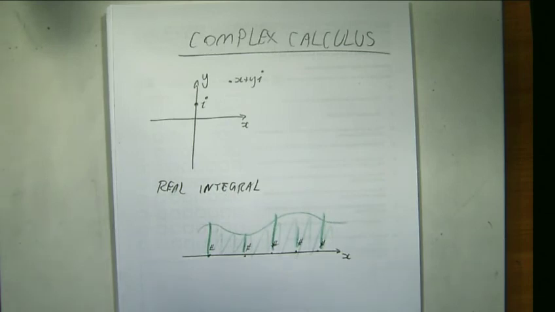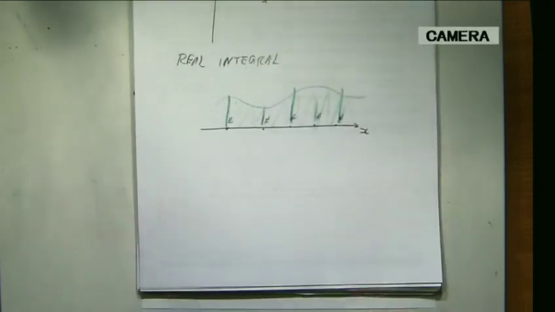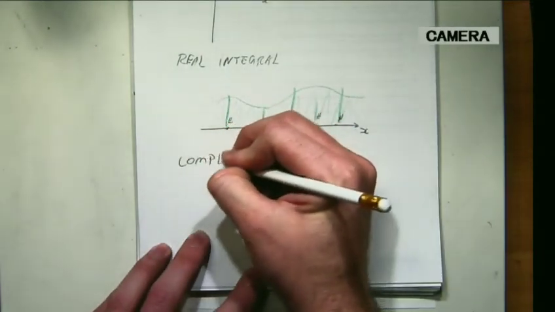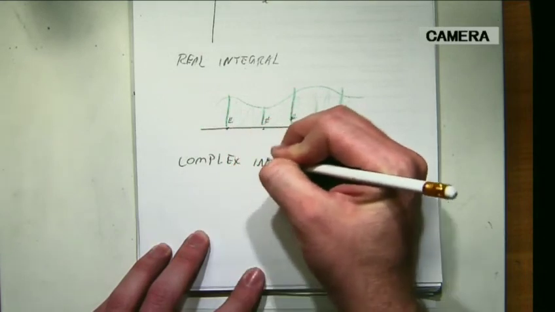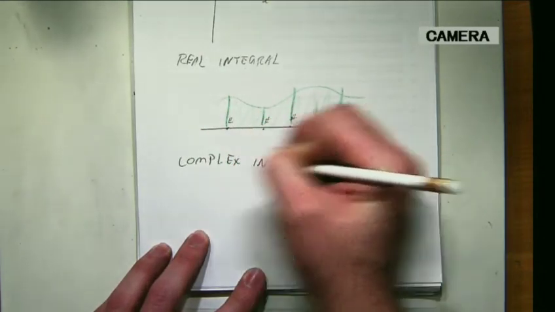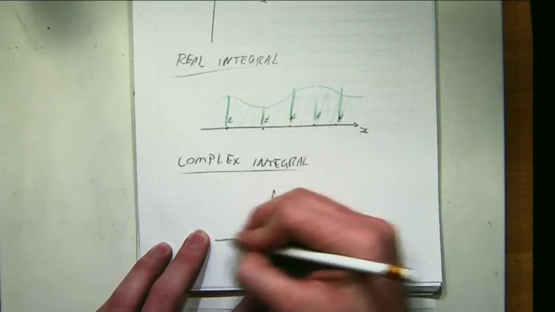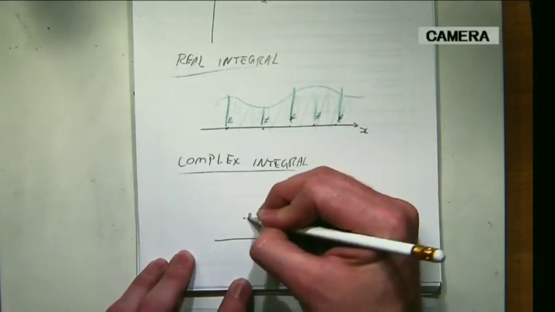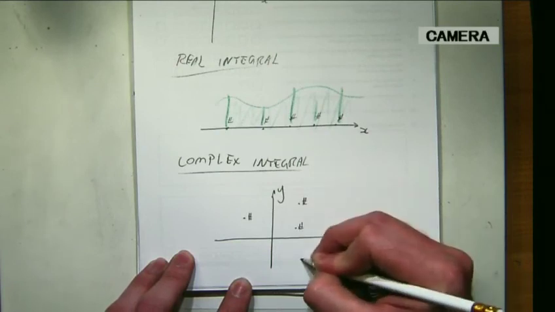And we want to do something very similar to that with a complex integral, except that in complex numbers, instead of having x, we have an x and a y, and every point here has a number associated with it. Okay?